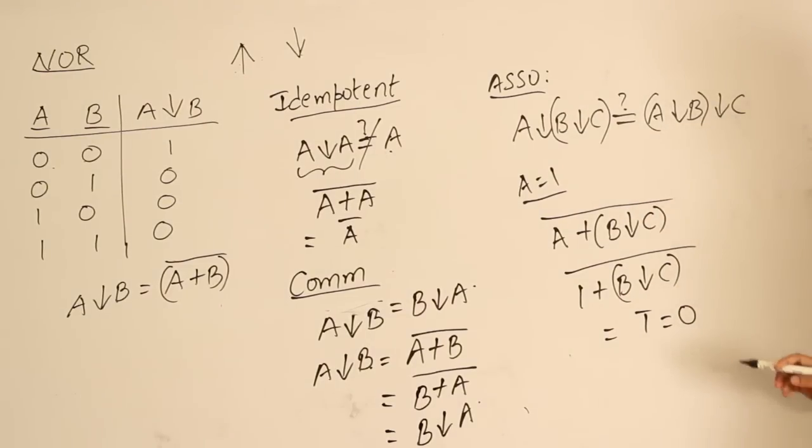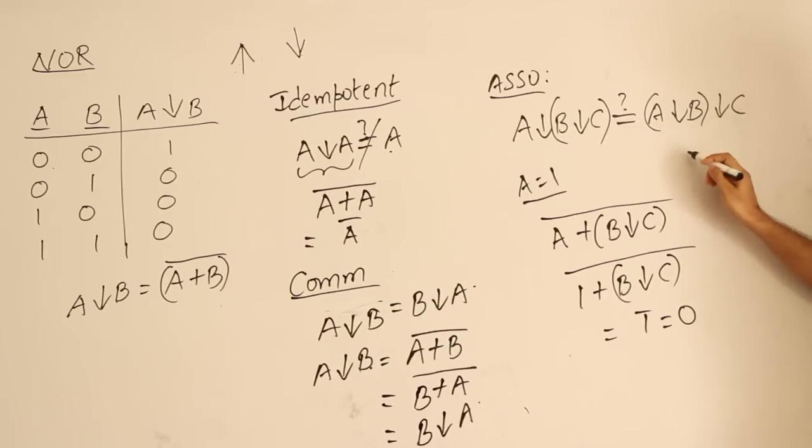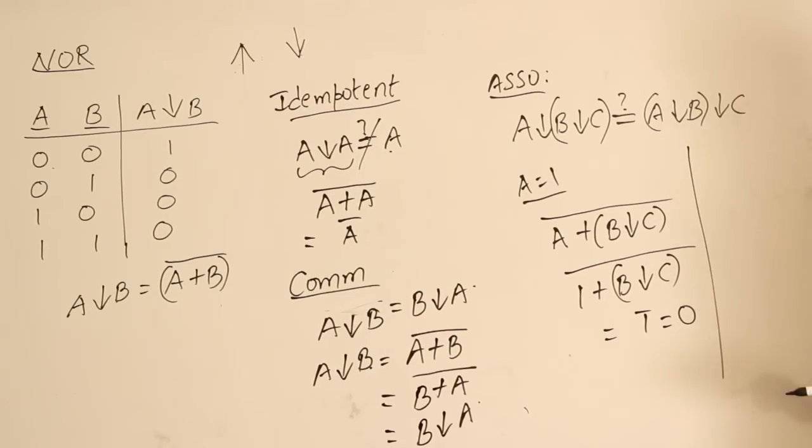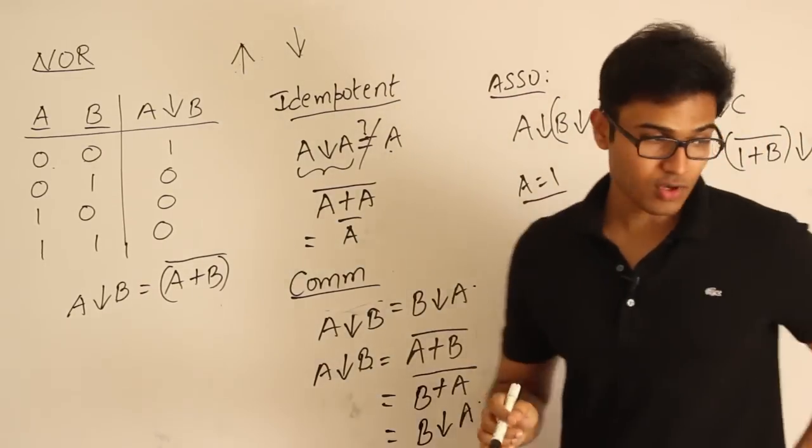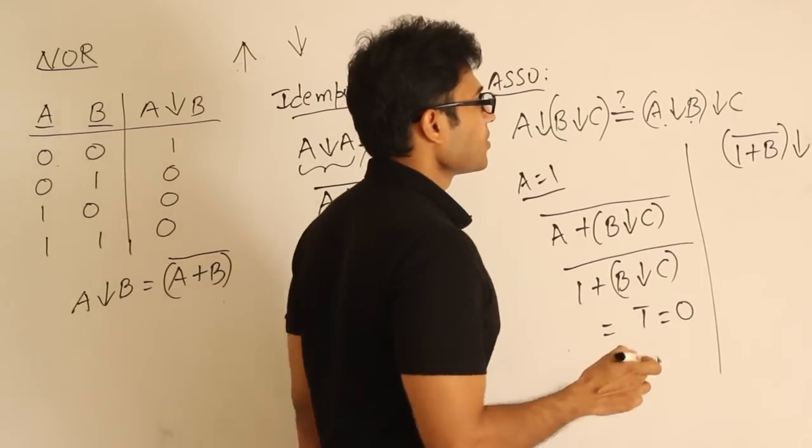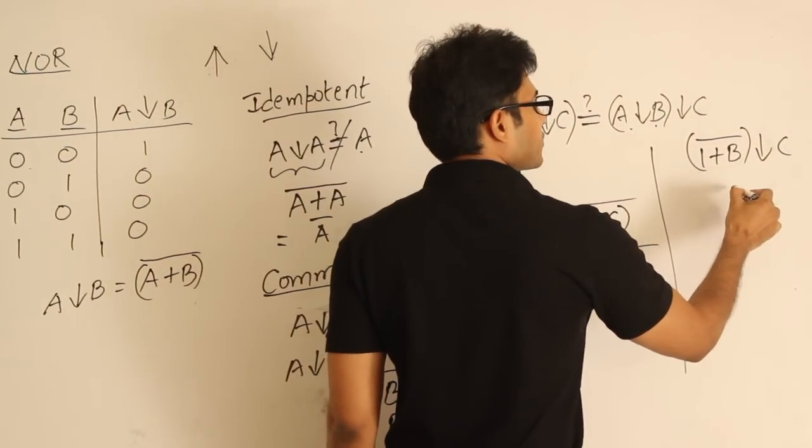If I do the same here, if I put 1 in place of A, then it is going to be (1 plus B) complement NOR C. Then what is (1 plus B) complement? It is 0, right?